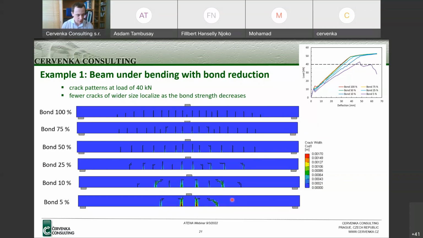This is somehow similar to what we observe when we use less reinforcement of higher diameter, compared to many reinforcement bars with smaller diameter, in case the reinforcement degree is the same.